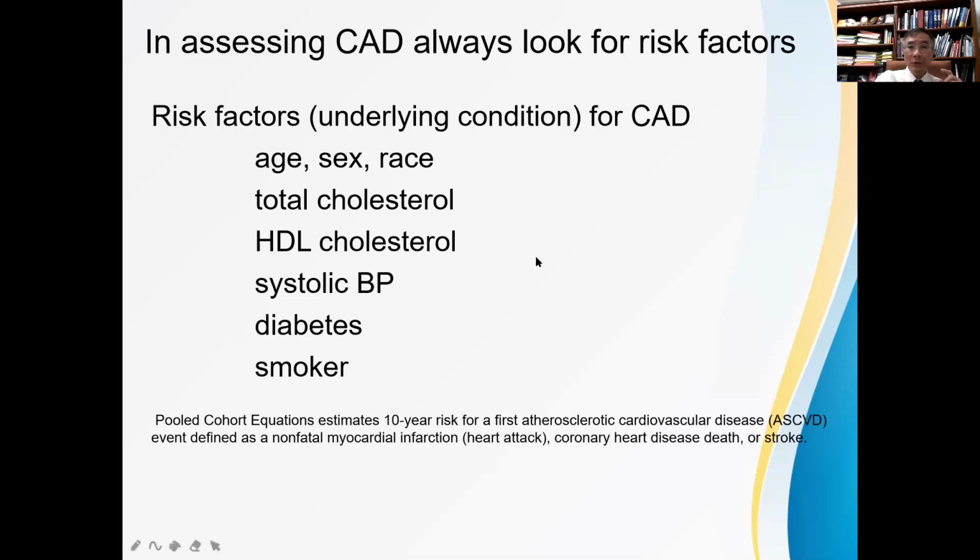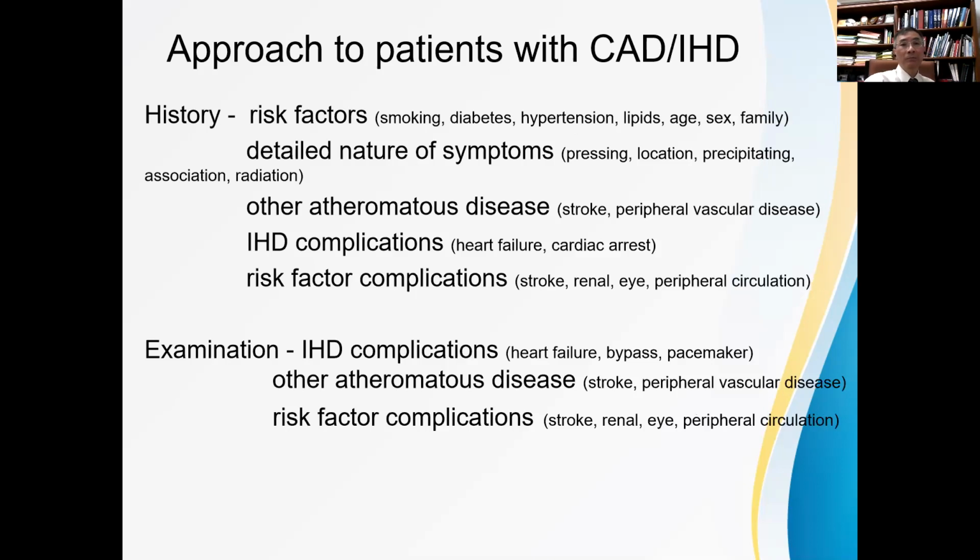So in seeing the patient with coronary disease, it is always very important in the history, in asking for symptoms, to look for these risk factors, and in examination to look for the effects of these risk factors on the other body systems. So to repeat, when you approach a patient with coronary artery disease and when you are taking the story, asking for the symptoms of the patient, remember the risk factors.